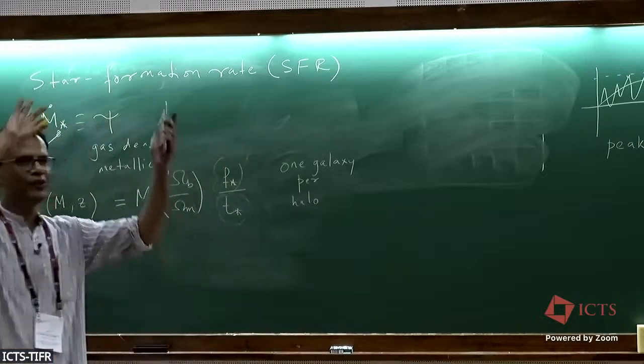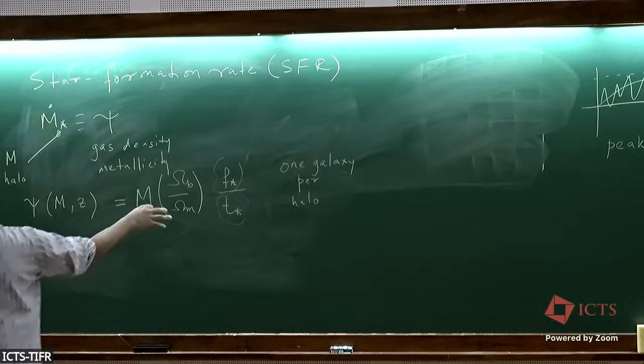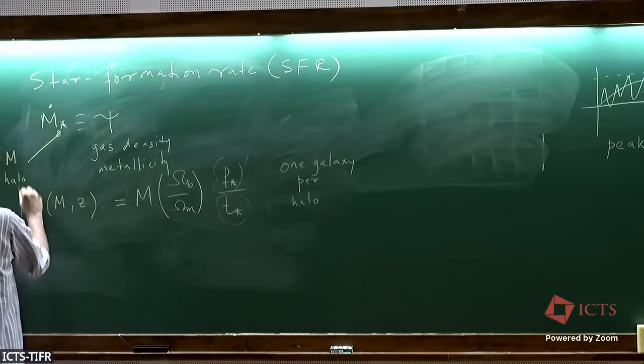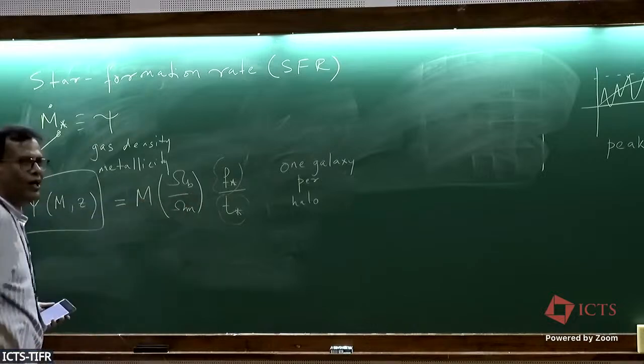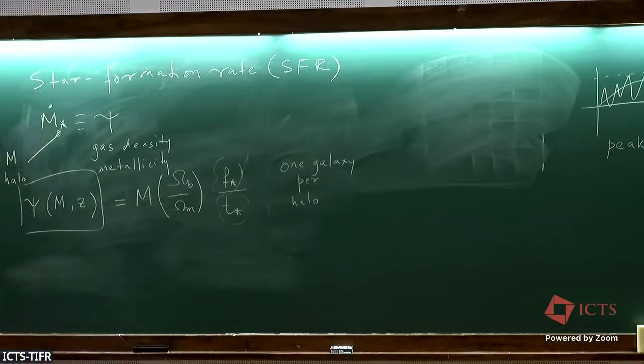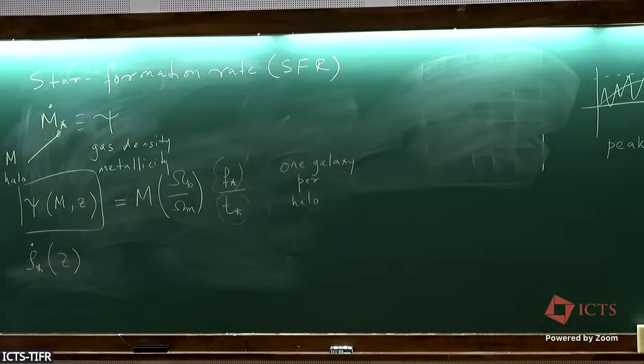Okay. So there is this halo, all this cooling and everything happens, a galaxy forms, and the galaxy is forming stars at this rate. If you want, you can make this model, but that is not important. What is often used is this quantity, the global star formation history, that is, in our universe, what is the star formation rate per unit volume?